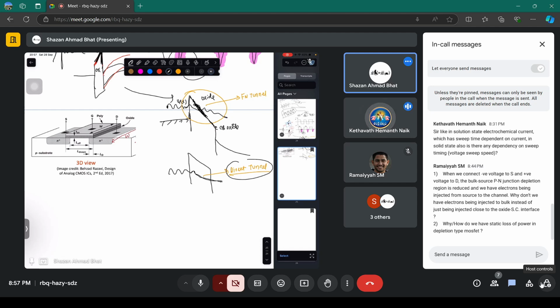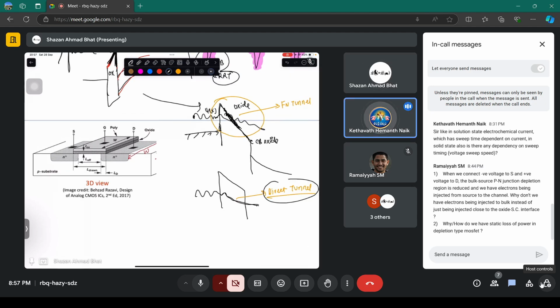Okay, sir. Thank you. One last question. Is it possible to use this NDR effect, that curve, also for switching purposes? The regime which shows a positive slope, and then has a negative slope at one particular point. I didn't get your question. Say it again.